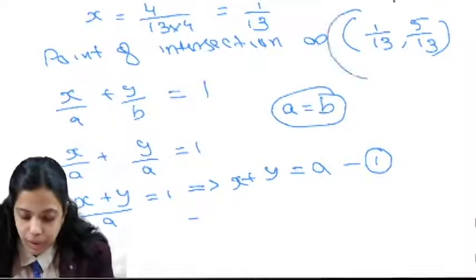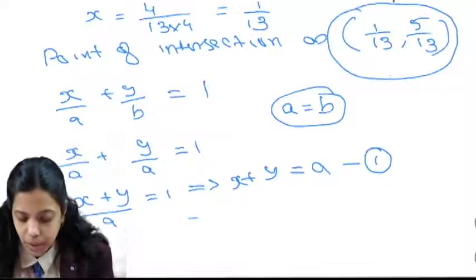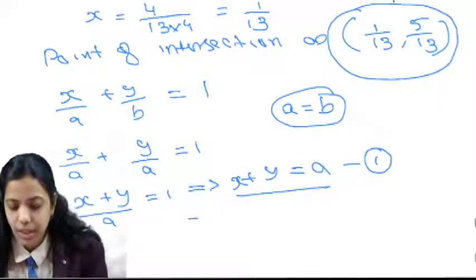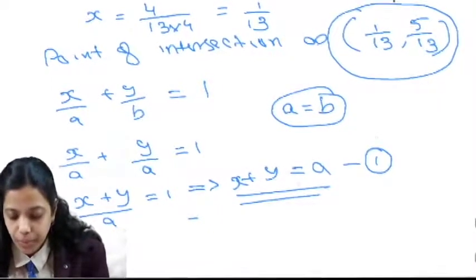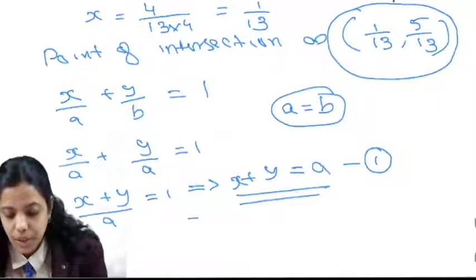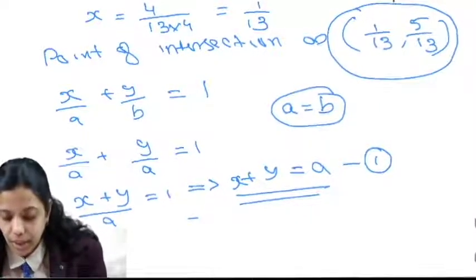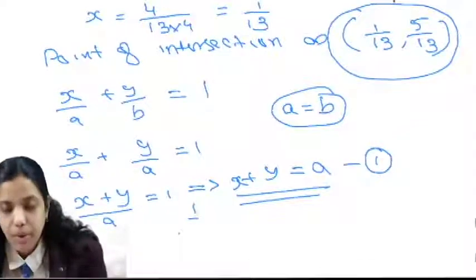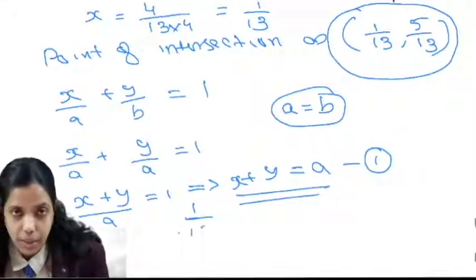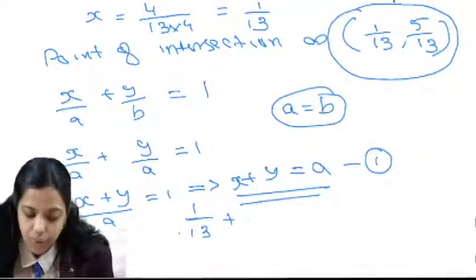Now here, one more thing. We got the equation x plus y equals a. Since the point of intersection passes through this line, we can substitute the values of x and y as 1 by 13 and 5 by 13. From that we can find the value of a.